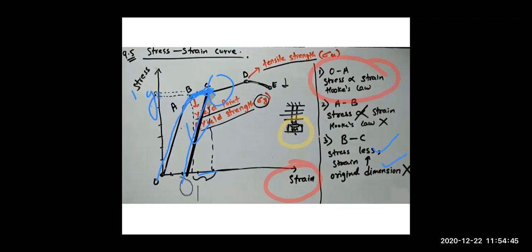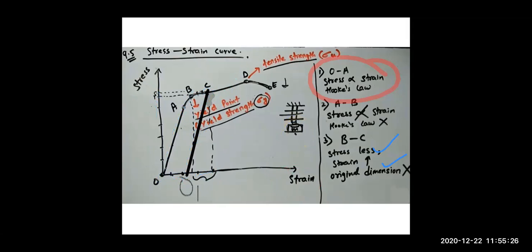So the wire has permanently got set in this configuration. The wire will never be able to regain its shape. This elongation in the wire will remain there forever. So the wire is said to have a permanent set, and this deformation is called plastic deformation. Okay, children, this is your plastic deformation.